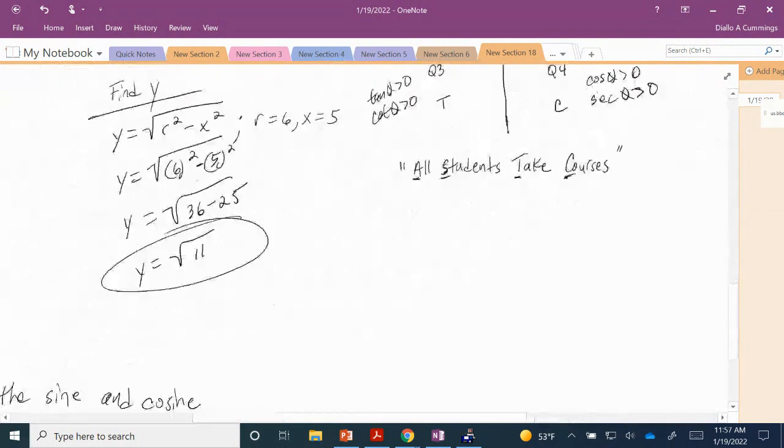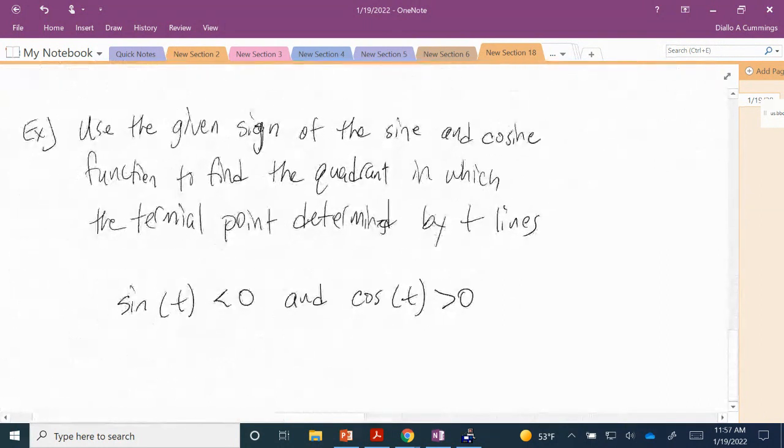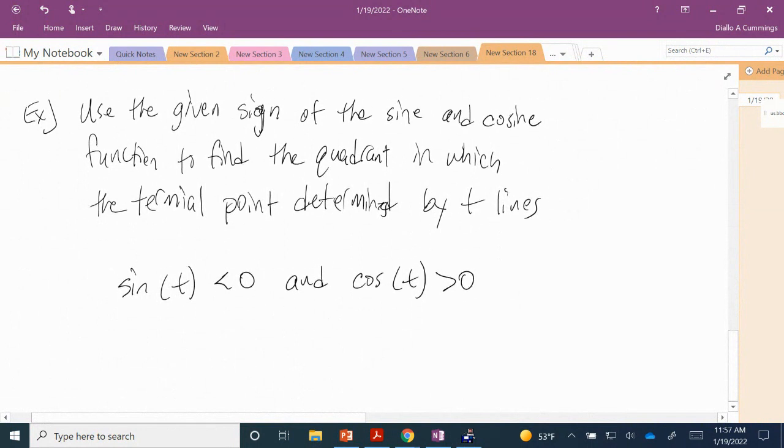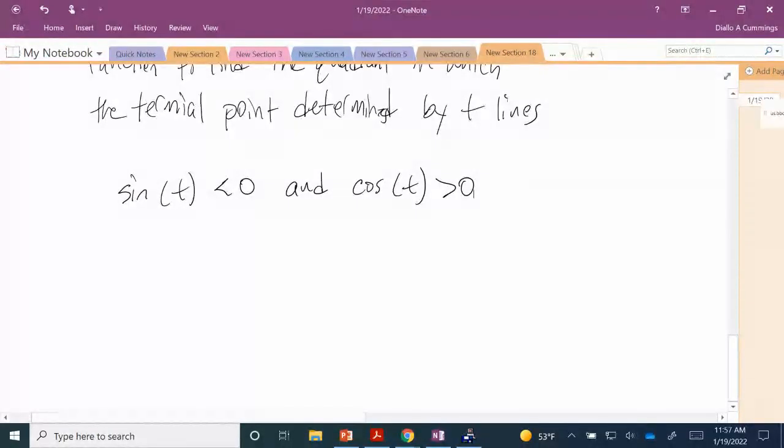So we're asked to determine this angle. The first thing I'm going to do is start with the sine of t being negative. Okay, so we have all students take courses, right? As far as the sine is concerned, the sine is positive in both quadrant 1 and quadrant 2.